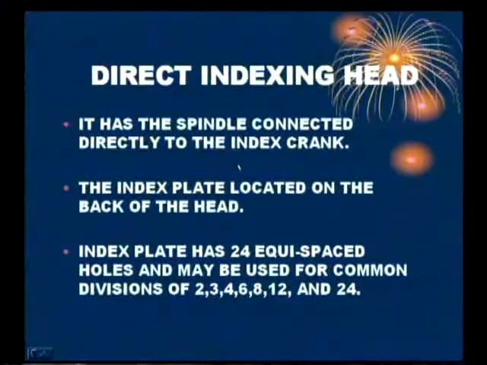The direct indexing head is mounted directly on the spindle where the work is also mounted, and by rotating the index plate, the spindle rotates the job also. As there are 24 equi-spaced holes, and the factors of 24 are 2, 3, 4, 6, 8, 12 and 24, any of these divisions can be easily made using this direct indexing head.